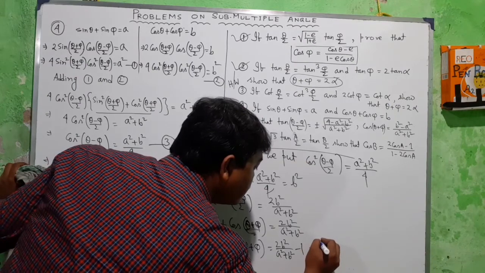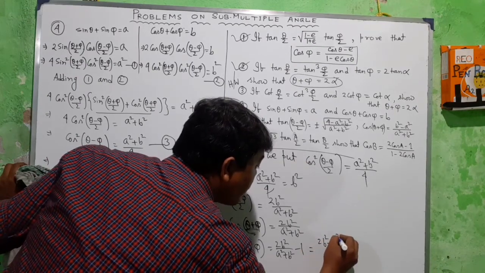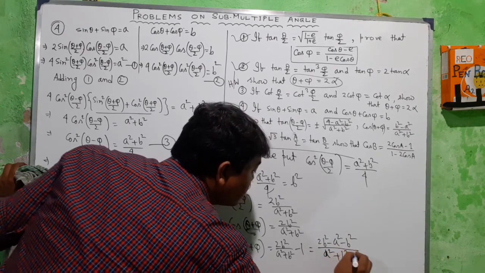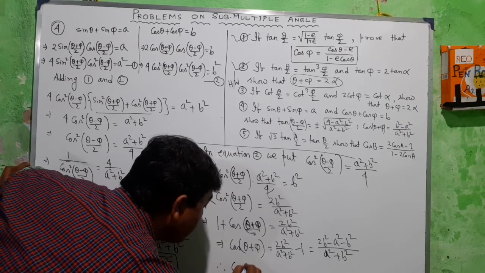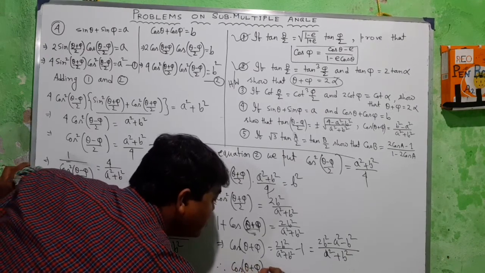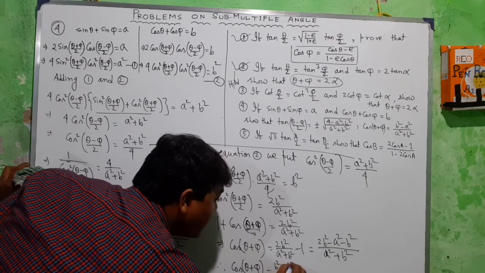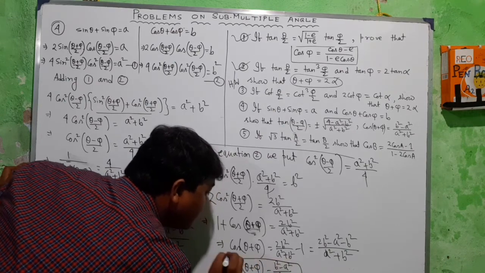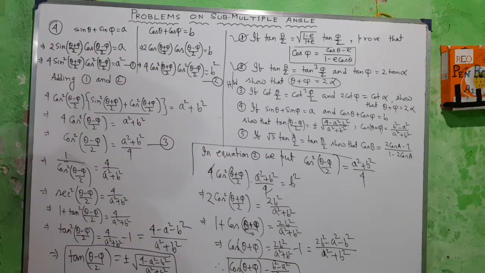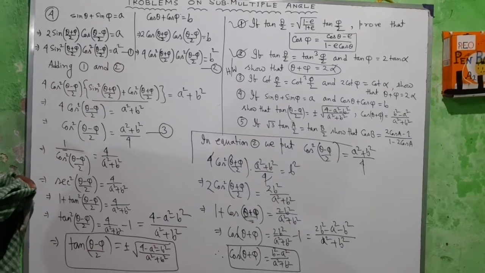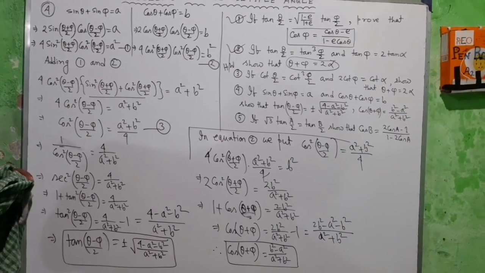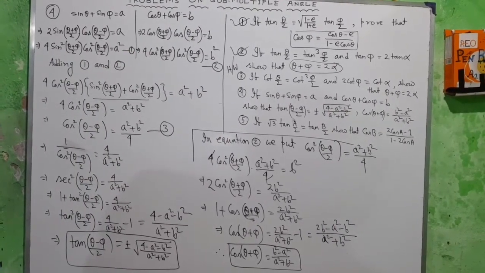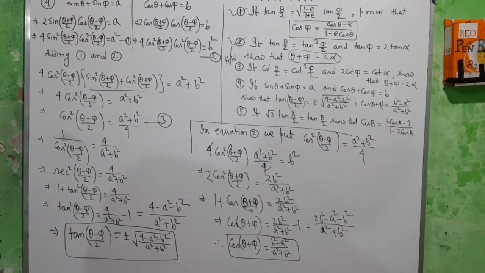So that gives (2b square minus a square minus b square) by (a square plus b square). So therefore cos (theta plus phi) equals (b square minus a square) by (a square plus b square). This is our required result. Clear? Cos (theta plus phi) is given to you, equals (b square minus a square) by (a square plus b square).